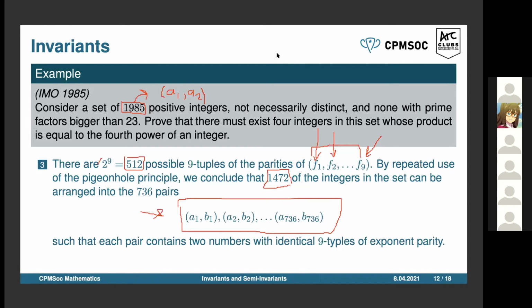Okay, it should be A1 and B1. Now you can delete these two numbers, A1 and B1, and there will be 1983 numbers left over.